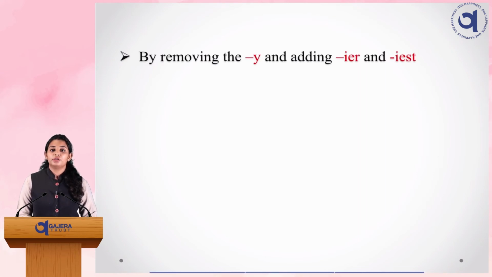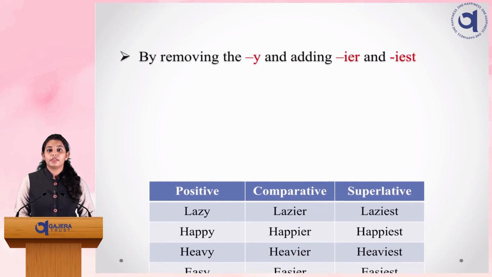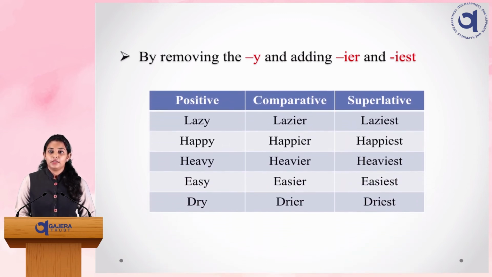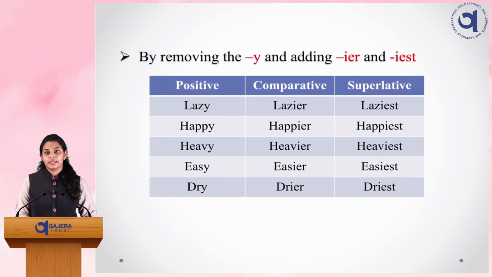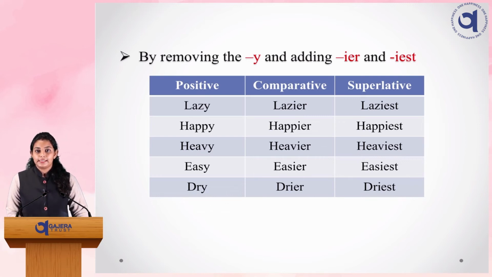Now this is another rule, by removing the y and adding ier and iest. So if the adjectives end with letter y, we have to remove the y and add ier and iest. So ier form is used in the comparative degree and iest is used in superlative degree. So let's see the examples. First is lazy.